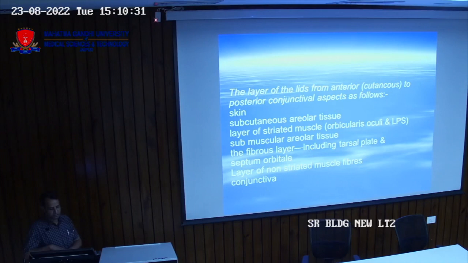So anterior most is the skin, then subcutaneous areolar tissue, the layer of striated muscles which have orbicularis oculi and levator palpebrae superioris muscle, then submuscular areolar tissue. Fifth is the fibrous layer which has the tarsal plate and septum orbitale, then the layer of non-striated muscle fibers, and the innermost layer is the conjunctiva.